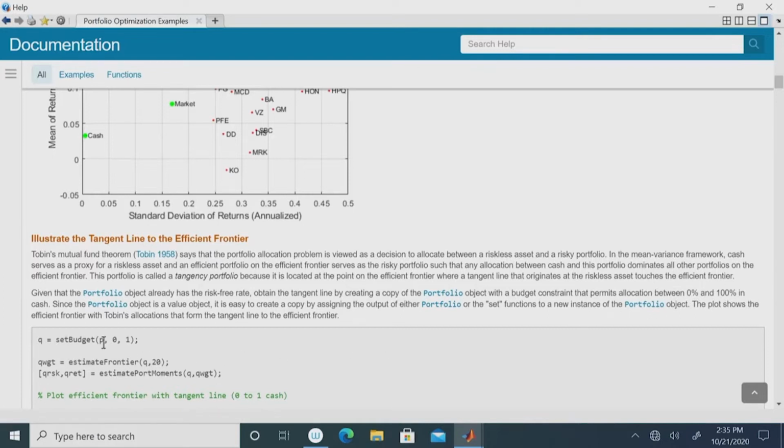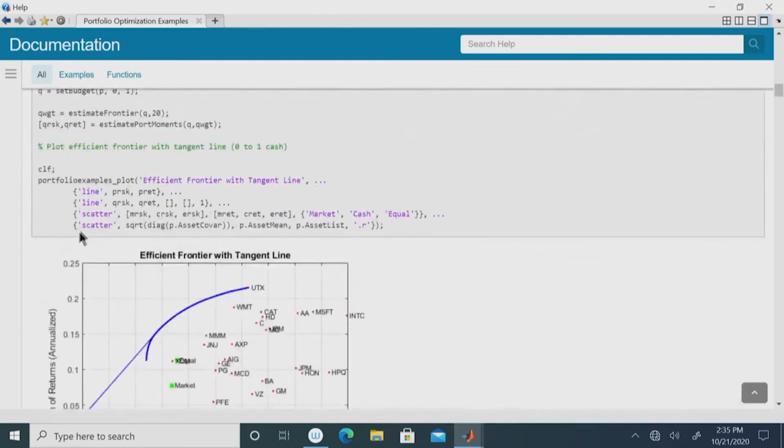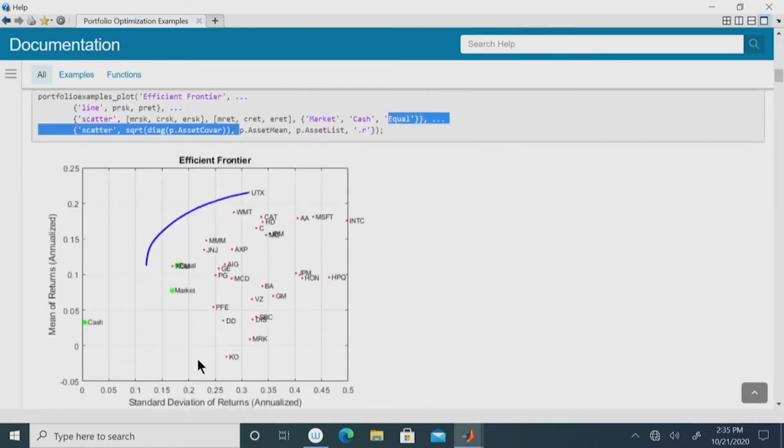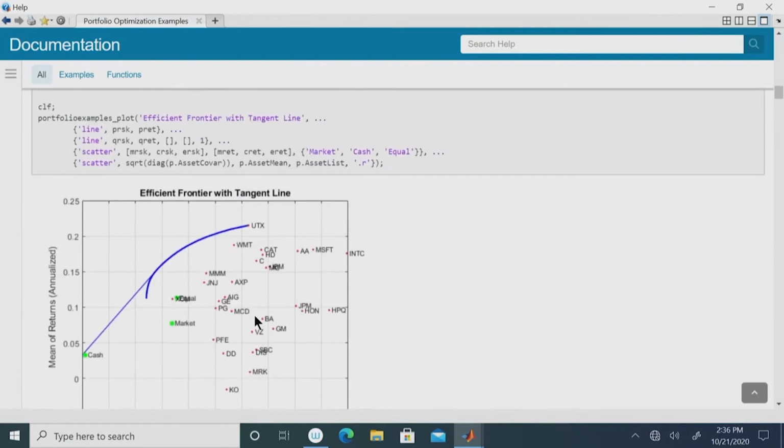Accordingly, we set the budget of this risk free asset from 0 to 1, and we will have the scatter plot as before, the efficient frontier, and then we will generate this line. Here we make use of P risk and P return for the portfolio itself, and Q will indicate the tangent line which is tangent to the efficient frontier.